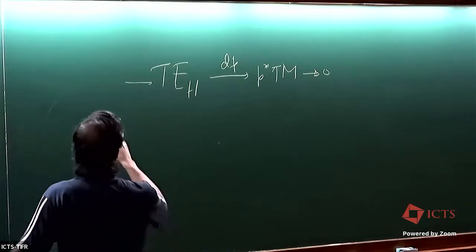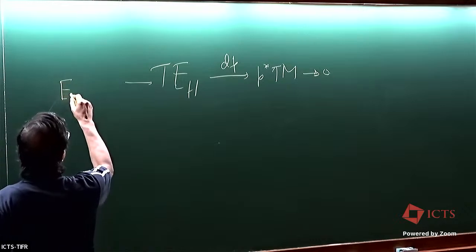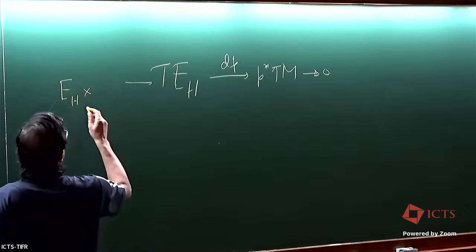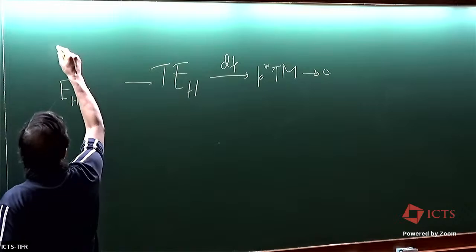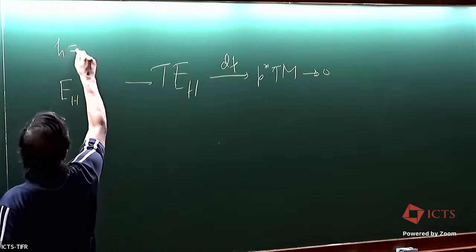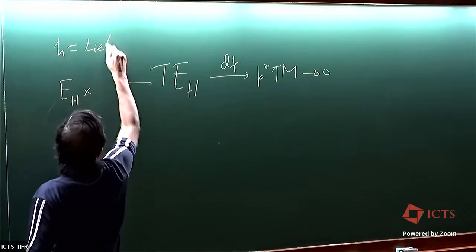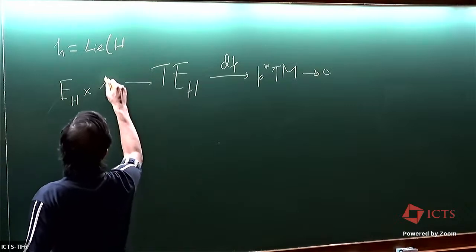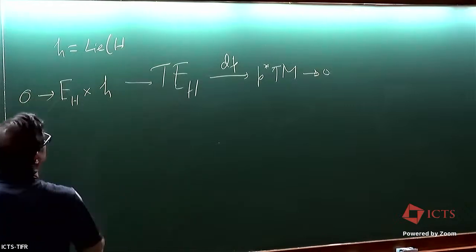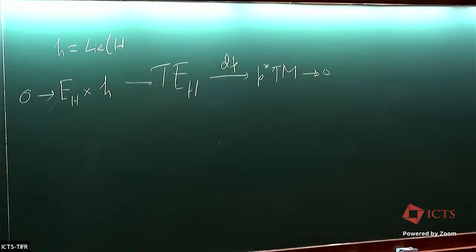The action is free, so you can identify the kernel with the Lie algebra of H. You get a short exact sequence given by the differential of the map P.